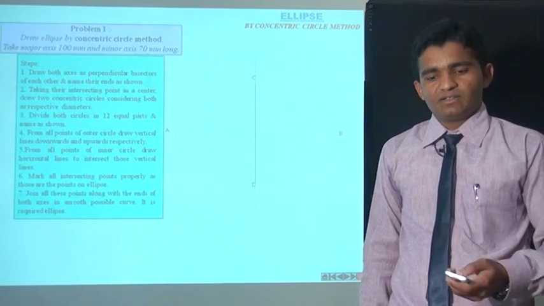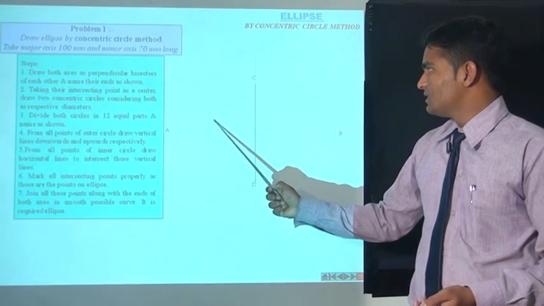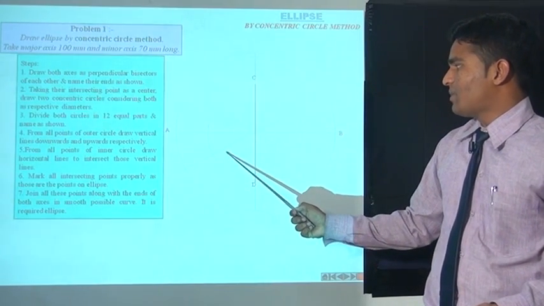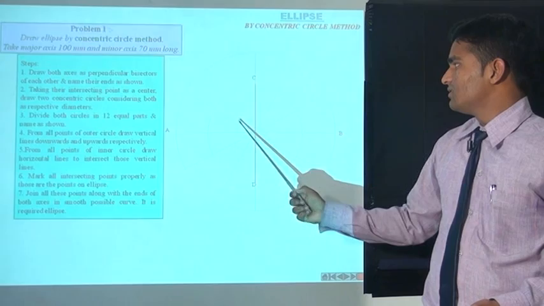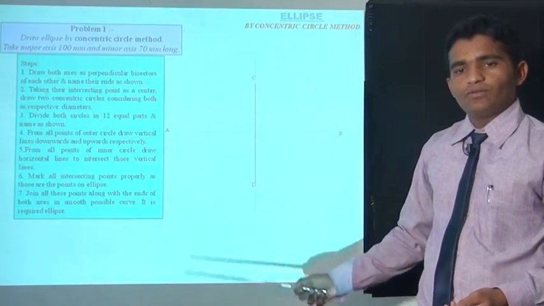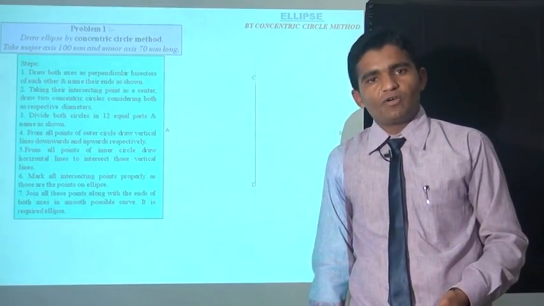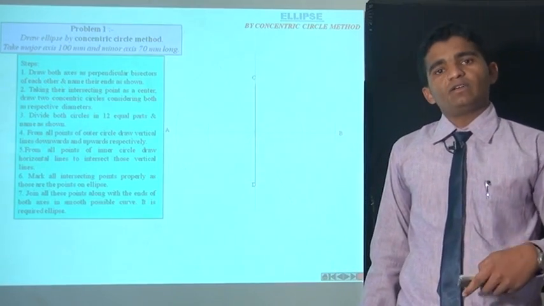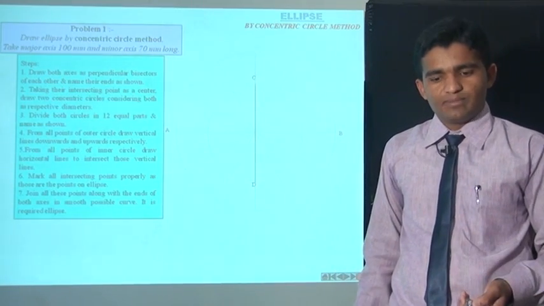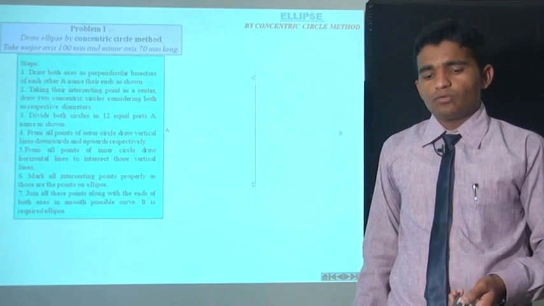Let's do it like that. This is the first part, then this is the second part, third, fourth. Now after making the 12 equal parts, give them their particular names.